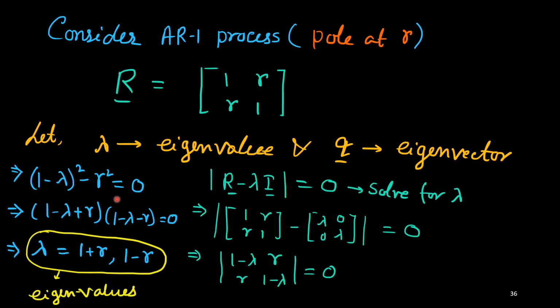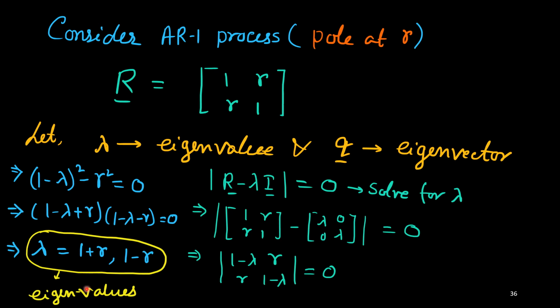So this first term is 1 minus lambda whole squared minus r squared, equal to 0. So we'll have two factors, 1 minus lambda plus r, and 1 minus lambda minus r, that is 0. So lambda will have two values. From this one we'll get lambda equals 1 plus r, and from this one lambda equals 1 minus r. So these two are distinct eigenvalues.